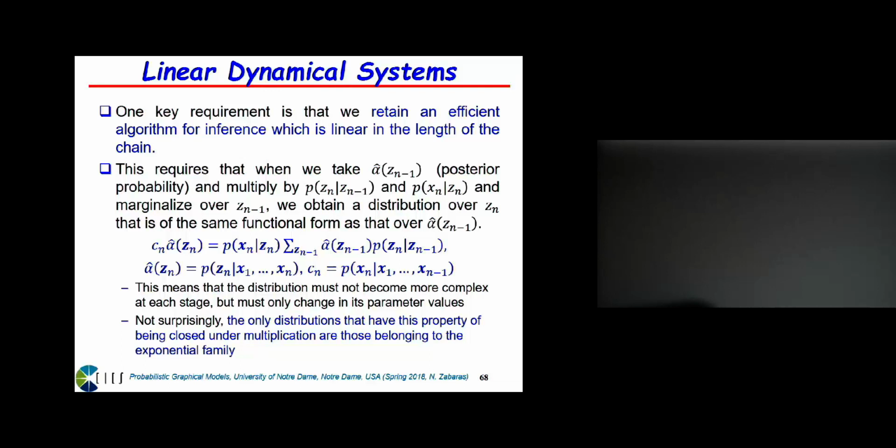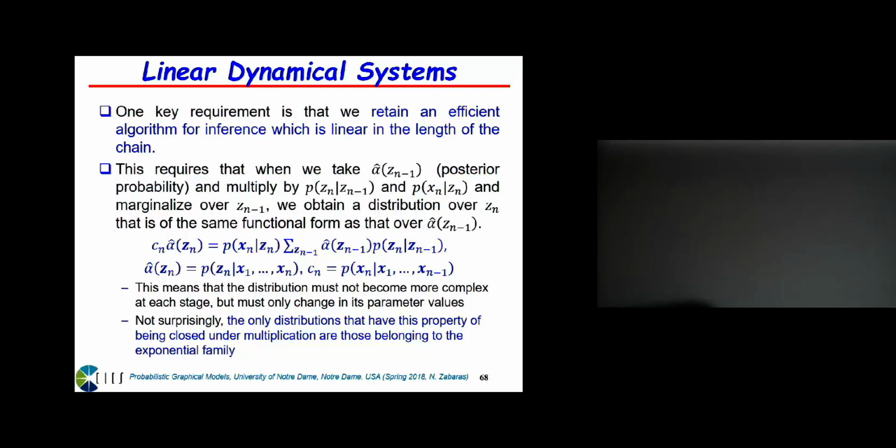We need to take advantage of the structure of this equation in a way that when we plug in here whatever distribution this alpha message is, we get the same sort of distribution for the message alpha Zn. In some sense, if this belongs to some family of distributions, we would like the only thing we have to do when we apply this equation to be to update the parameters of this distribution to get the distribution alpha of Zn.